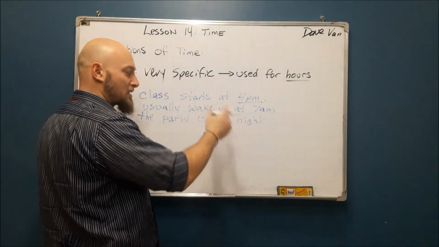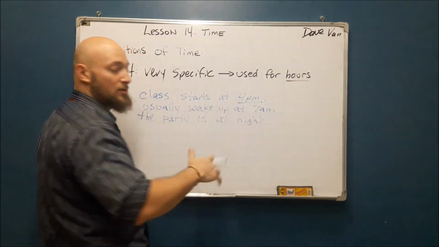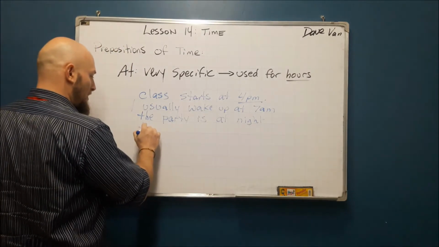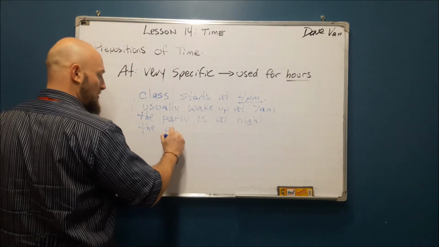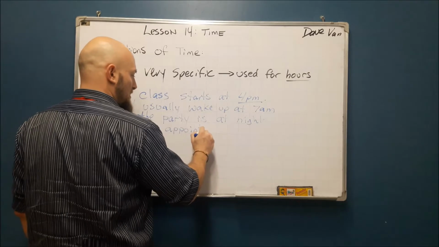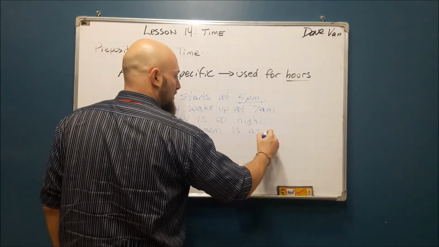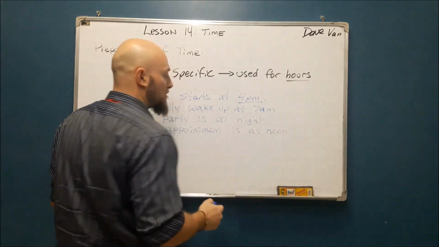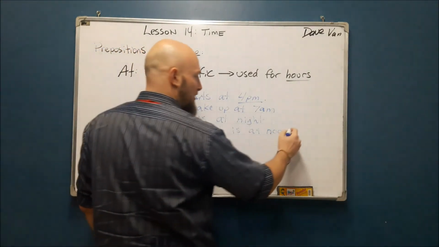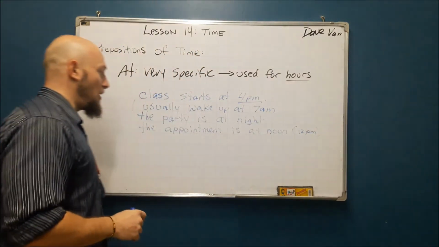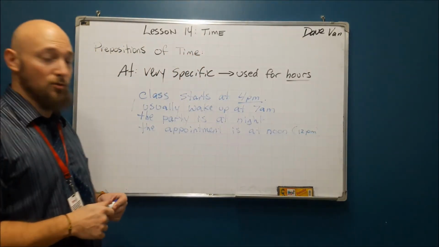For night is an exception. For nighttime, we use at night. Okay. One more. The appointment is at noon. Noon is another way to say 12 p.m. The appointment is at noon. Okay?